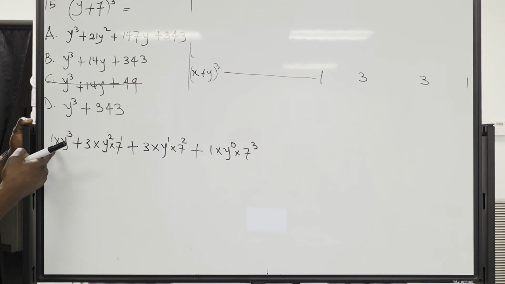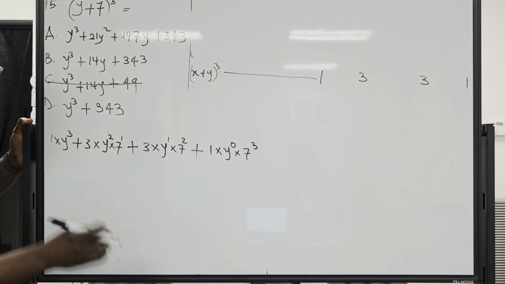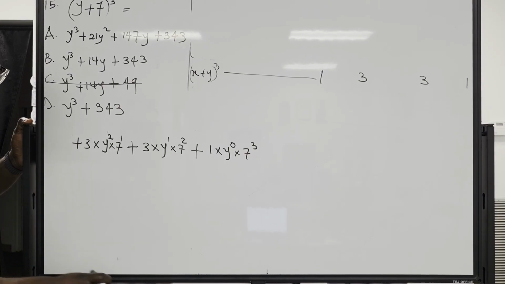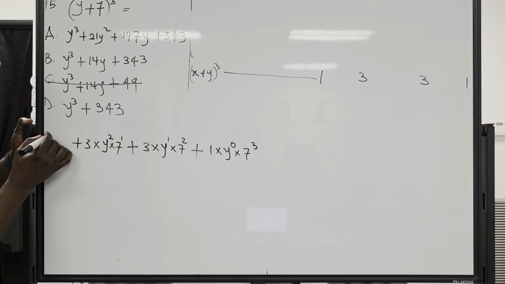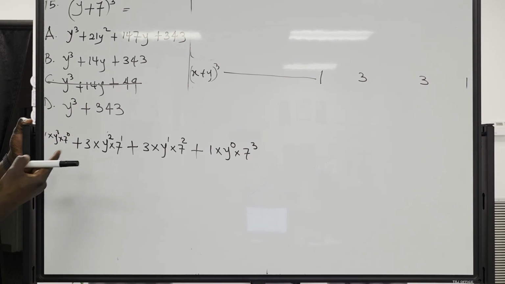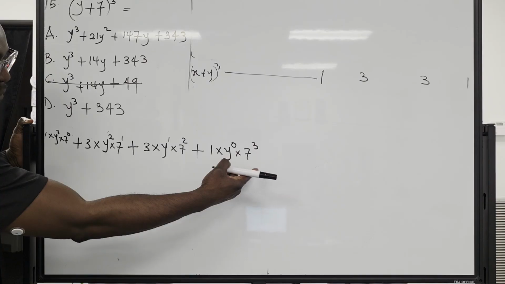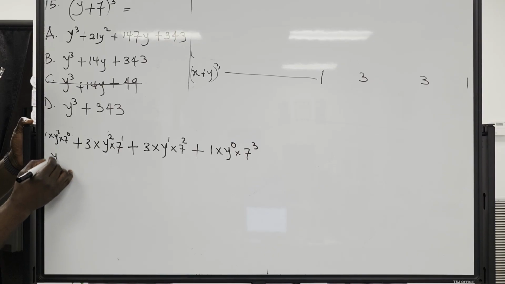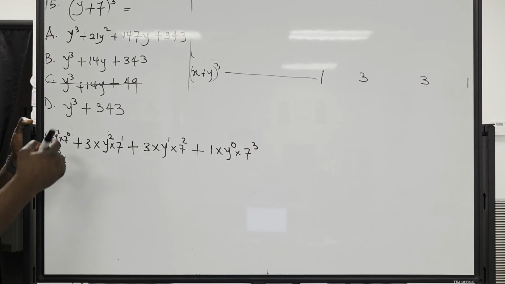One thing I failed to write is here. Let me write it again so you can see it. This first one is actually 1 times y to the 3 times 7 to the 0. That's what this really is. I just didn't write it out, but I'm going to write it out so you can understand it. So 1 times y cubed is y cubed, times 7 to the 0 is 1.